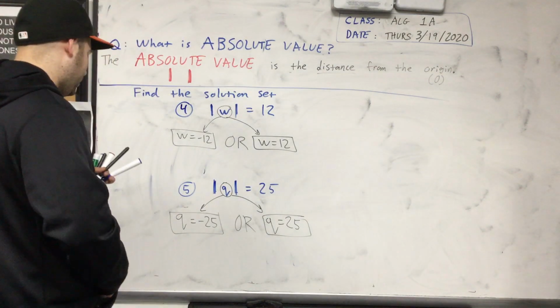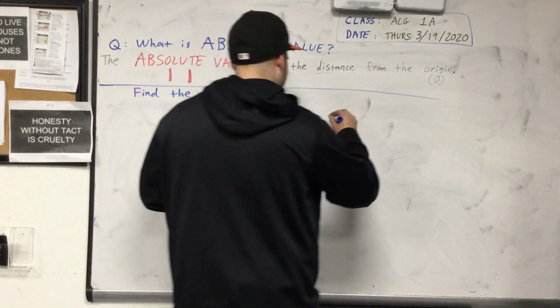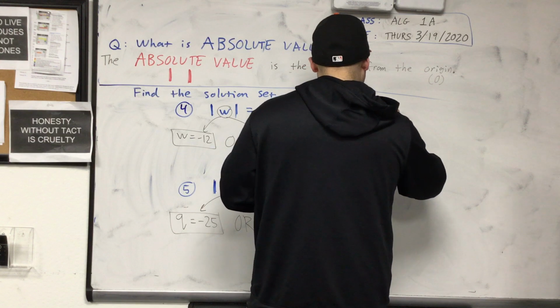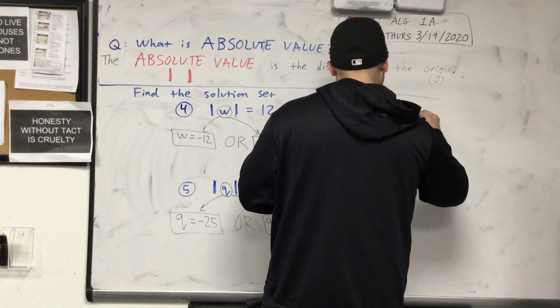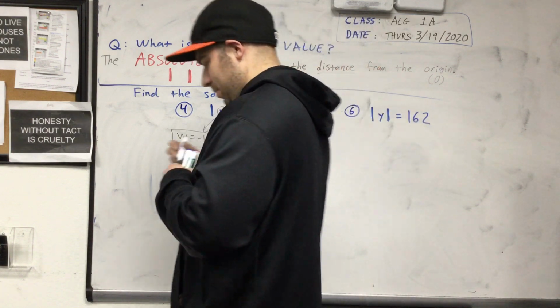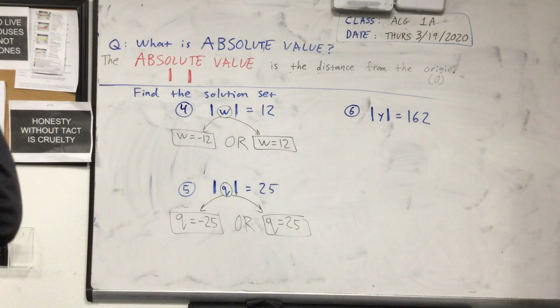Okay. Number 6. The absolute value of y is 162. Okay. How do I get a distance of 162 steps?